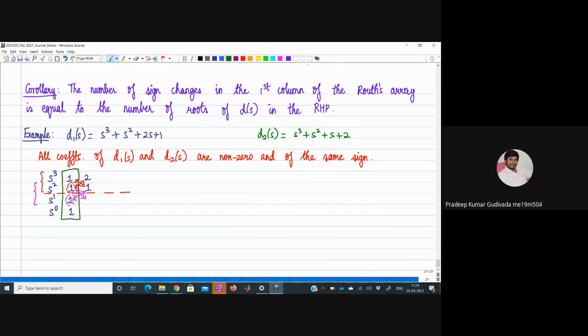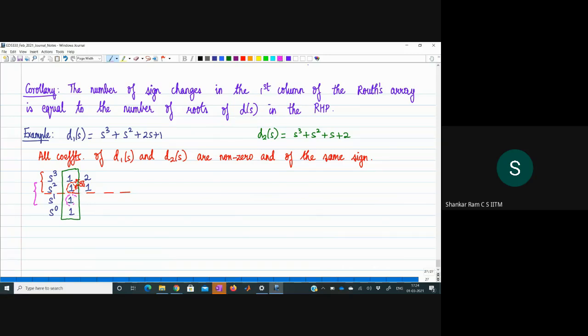Professor, one question. Yes, please. For the s power 0, it is 1 times 0 minus 1 times 1, right? So we start from the s power 1 row. Let me repeat the sequence. So what we do is the following.